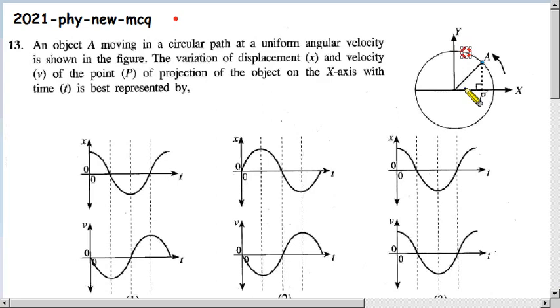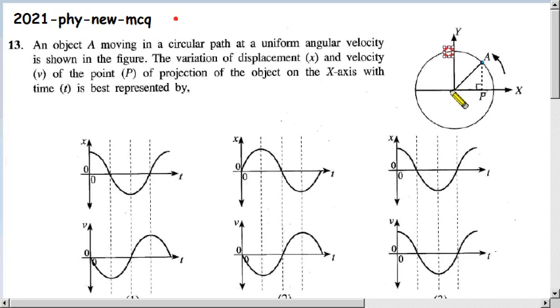So it is moving with the object. Now the object is closer to the y-axis, so point P also is closer to the center, the zero point of the x-axis. And now point P is here. It is further moving like this.